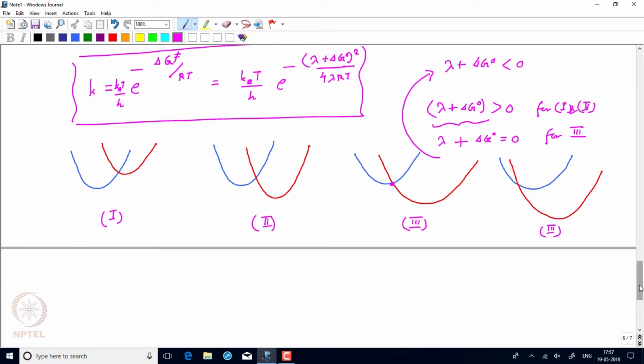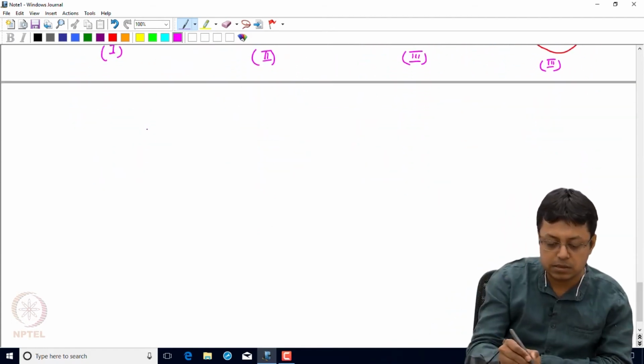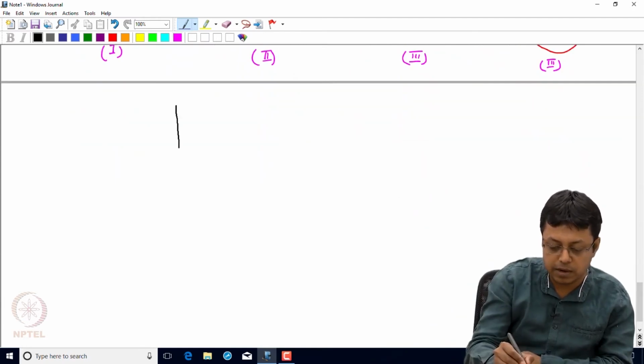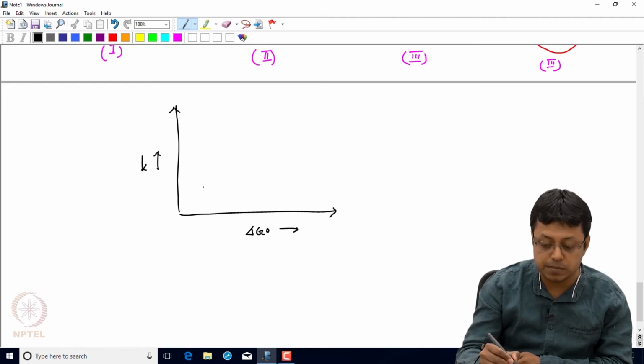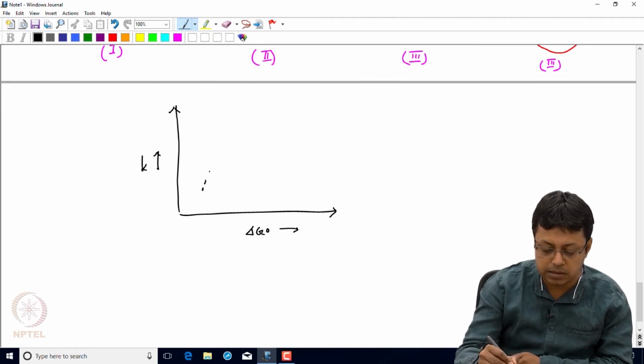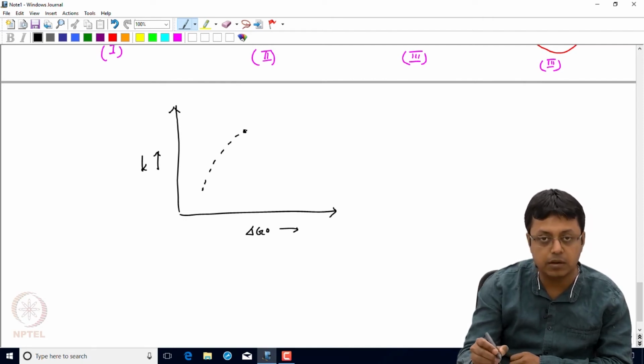So if I plot delta G0 versus the reaction rate, we'll have a very interesting plot. So this is delta G0, this is the reaction rate, and if delta G0 is small or slightly negative, as we discussed, the reaction rate will first increase, and then at a perfect positioning of the reorganization energy with respect to the delta G0, we'll see a maximum reaction rate.